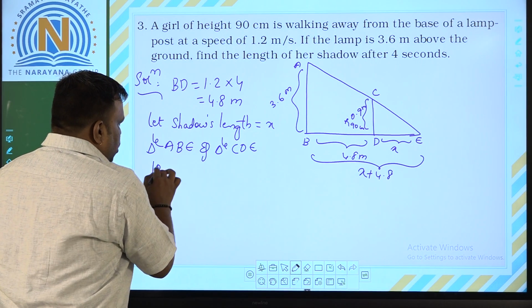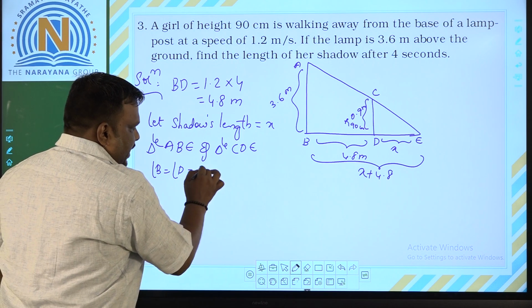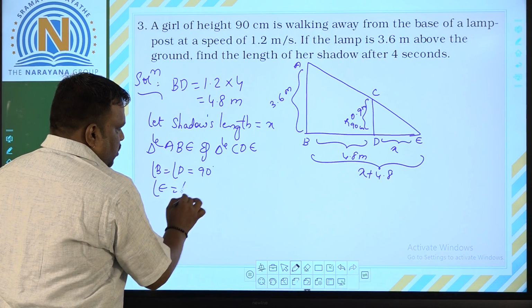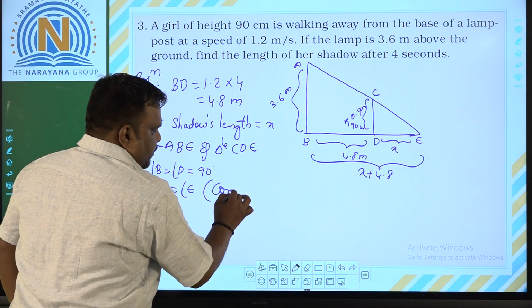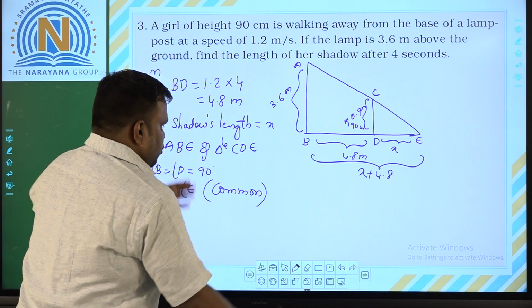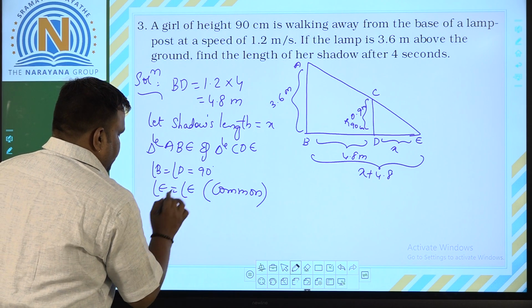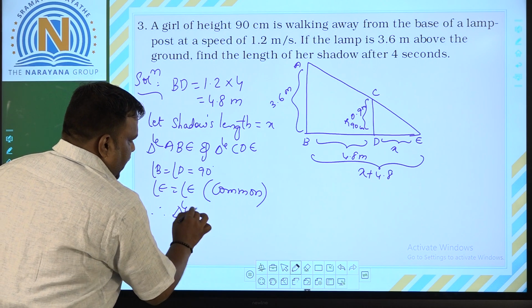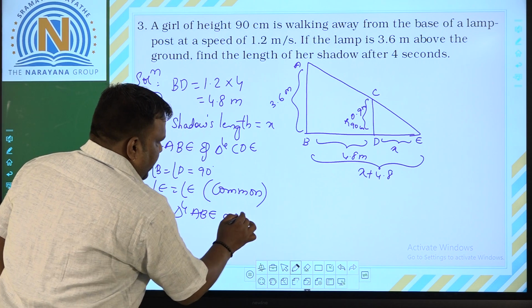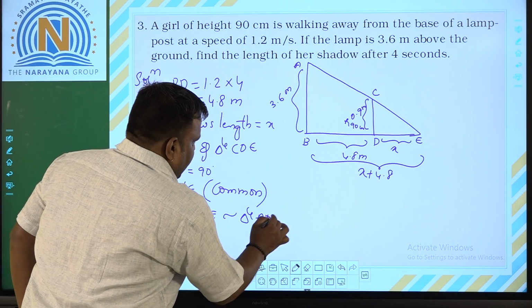Angle B is equal to angle D is equal to 90 degrees. Angle E is equal to angle E, that is the common angle. According to the AA similarity criterion, since two angles are already equal, we can write triangle ABE is similar to triangle CDE.